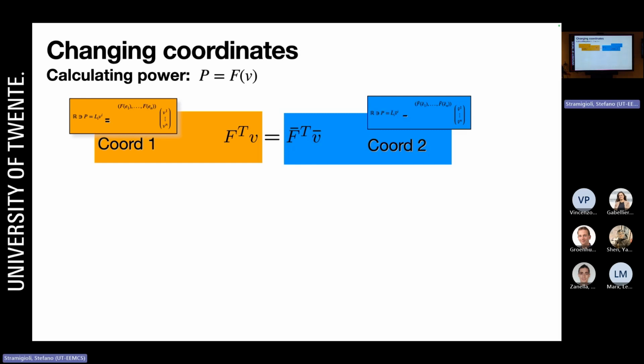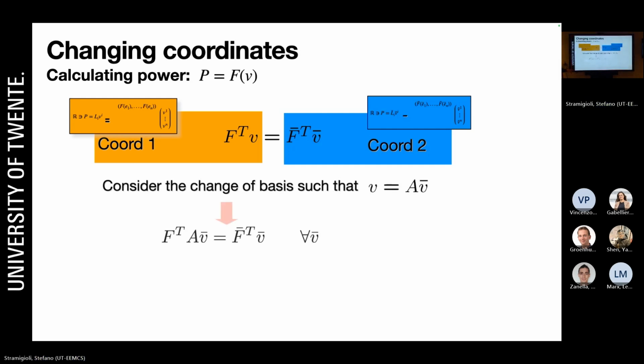No, look. What I mean to say from here is that this is true for every V and just get rid of the V. It's just a detail, but I just want to be precise.